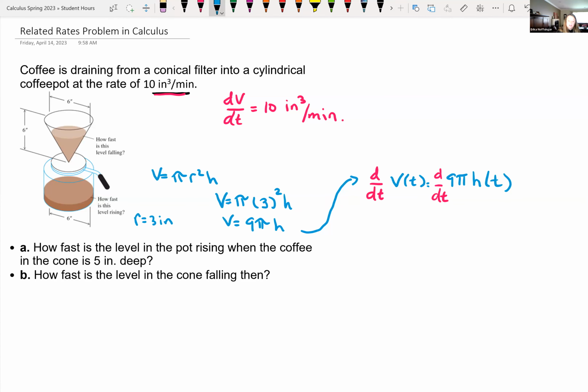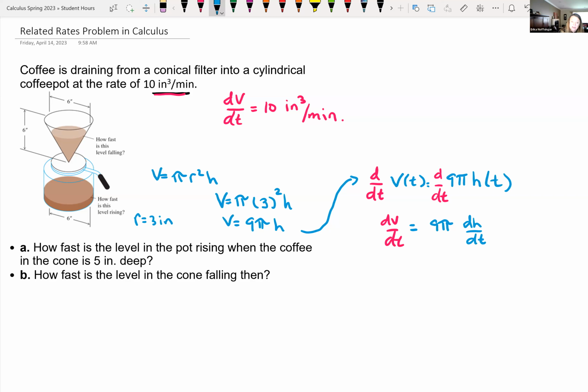The derivative of my volume is dV/dt, or V prime, depending on how you want to write it. Since I wrote it as dV/dt above, I'm going to write it here. So dV/dt is equal to, taking the derivative of h(t), h prime of t, or dH/dt, 9 pi dH/dt.